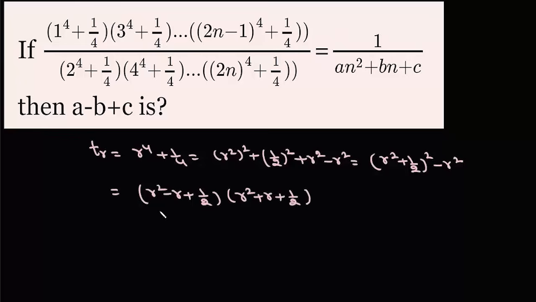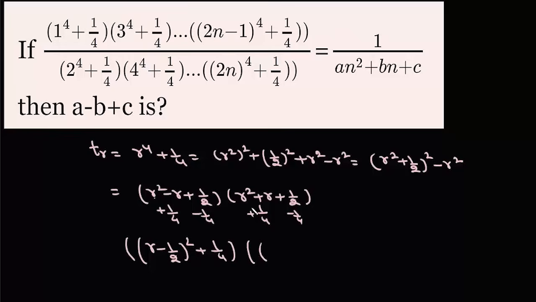Now what we'll also do is we'll add 1 by 4 and we'll subtract 1 by 4 in both the terms. Now this again is a square plus b square minus 2ab. So we can write this as (r minus 1 by 2) whole square plus, this is 1 by 2 minus 1 by 4, so it will be simply 1 by 4. And here it will be a square plus b square plus 2ab, so that will be (r plus 1 by 2) whole square plus 1 by 4, and this is your tr.